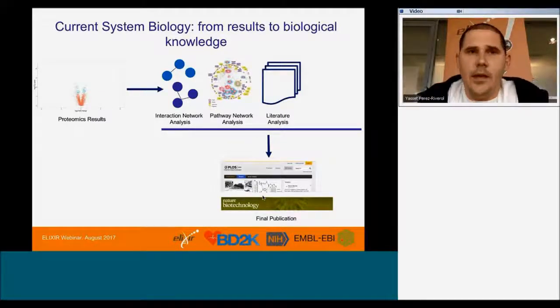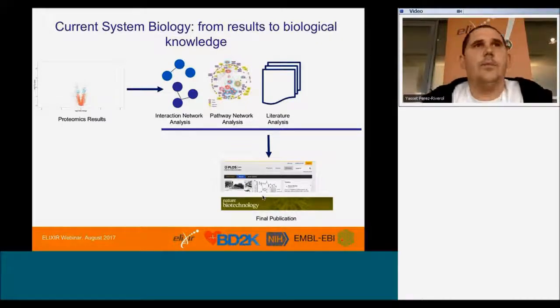And then the current systems biology approach is basically guided like this: you get some results, let's say from a proteomics experiment, and some proteins change expression. Then you go to what are called knowledge-based databases like IntAct or Reactome to make sense out of this data, which interactions you can infer from your proteomics results.